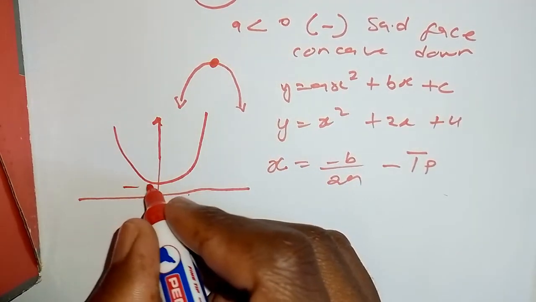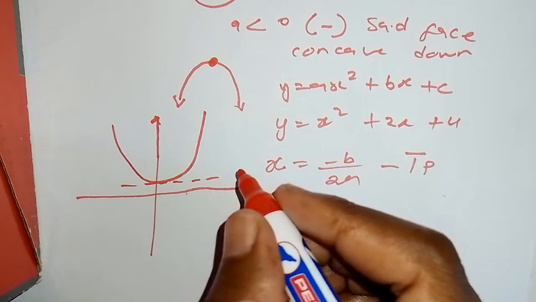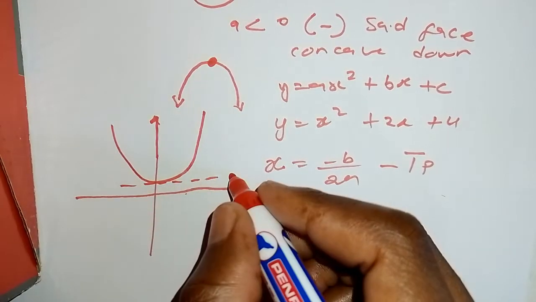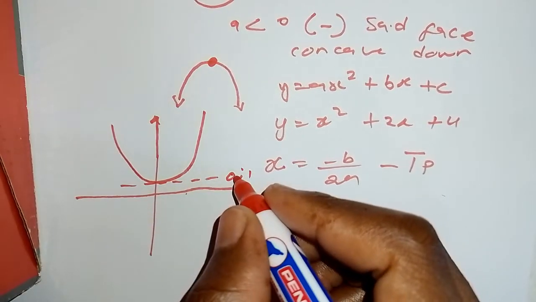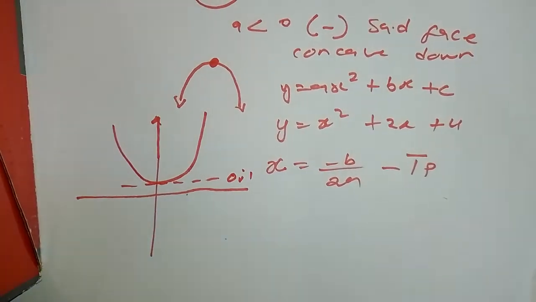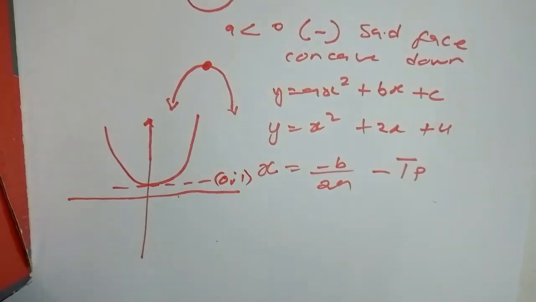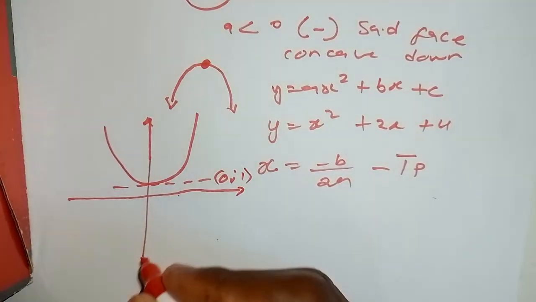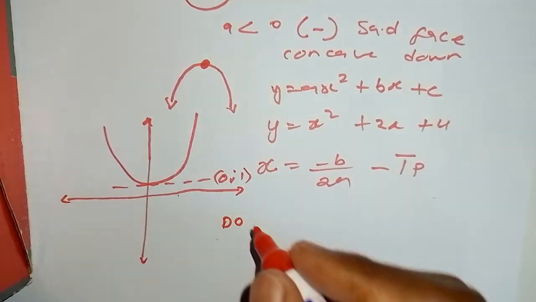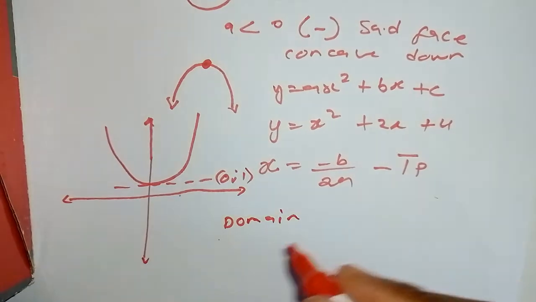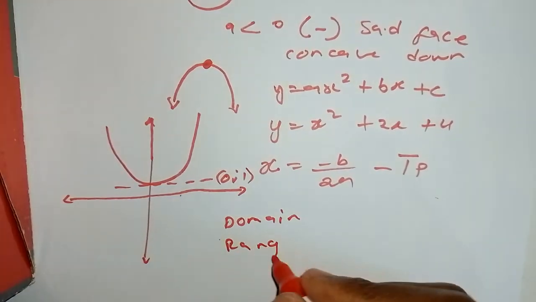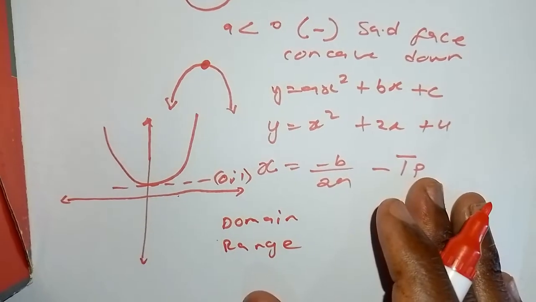They say this is the point 0, 1. They gave you those points. They say write down the domain and range of the graph, the domain and range of the graph.